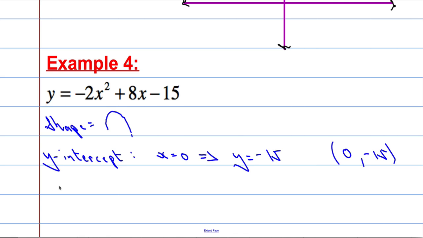Let's do the discriminant. So let's see how many solutions there are. Let's do b squared minus 4ac. Let's change colour as well. I'm getting bored of blue. So we get 8 squared minus 4 times a, which is negative 2, times c, which is negative 15.